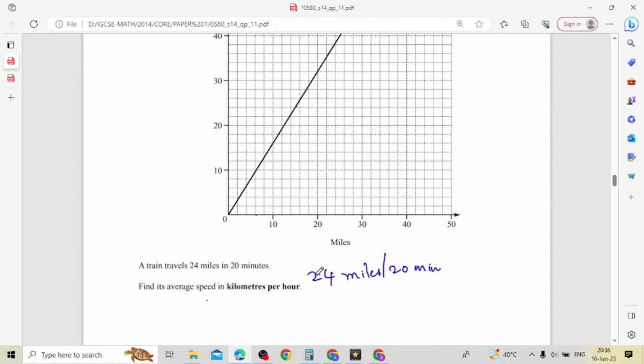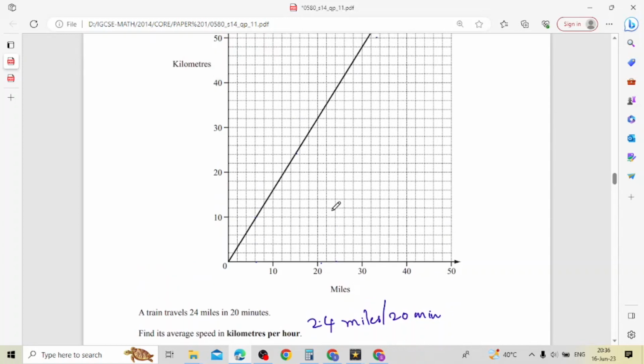Now here, 24 miles is here, and I have to go straight up and check how many kilometers. Miles are given and we have to get it in kilometers. So this is 24, I'll go straight up over here. Yes, this is the one, and it's intersecting over here.